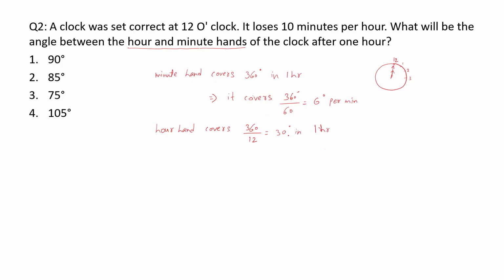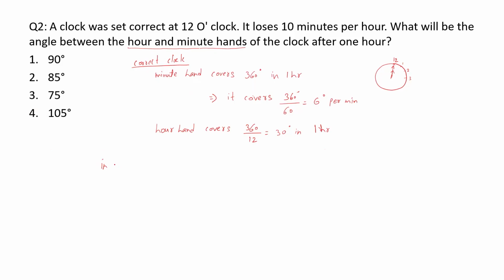So in 1 hour, the hour hand covers 30 degrees and the minute hand covers 360 degrees, right? This is the situation with the correct clock.